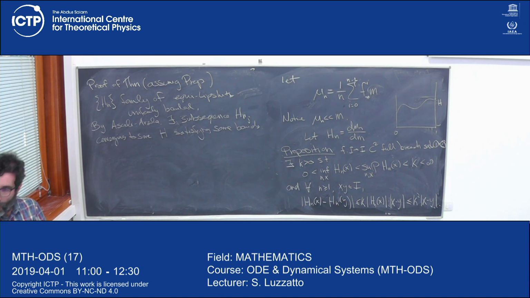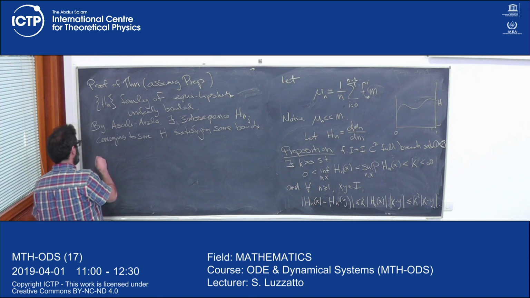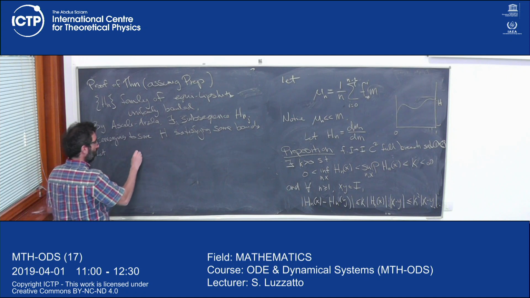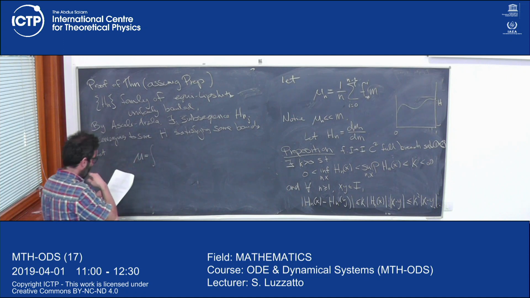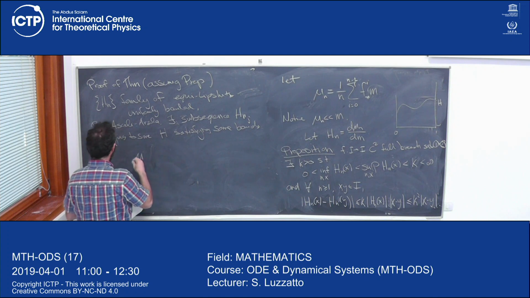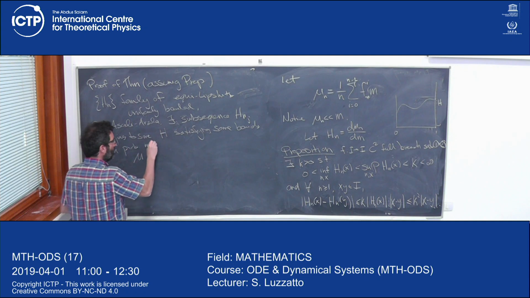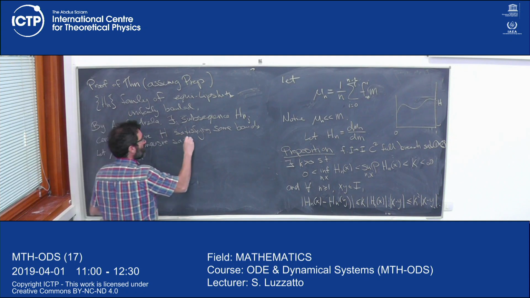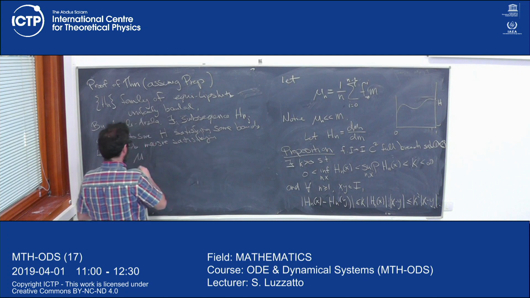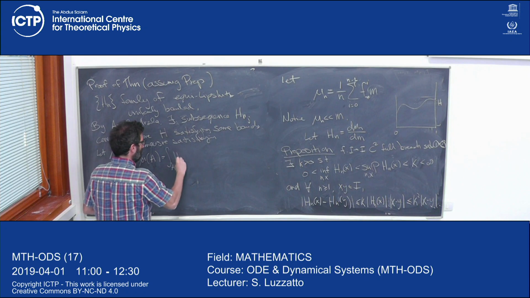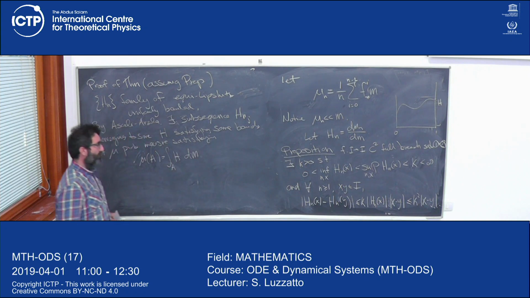And now we can use this to define a measure. Let's define the measure that has H as its density. So let mu be a probability measure satisfying mu of A equals the integral over A of H dm.